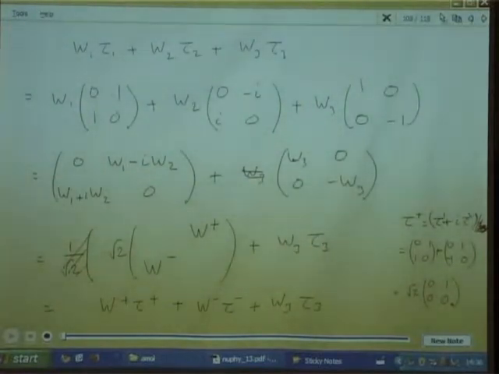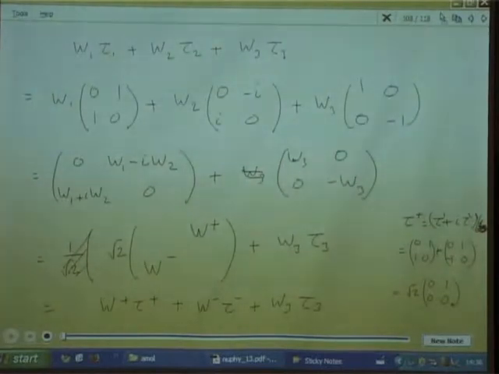I write it as W1 times tau 1, W2 tau 2, W3 times tau 3. So this gives me off-diagonal terms of W1 minus iW2 here, W1 plus iW2 here, and W3, minus W3 on the diagonal. This term is fine. This term is simply W3 times tau 3 as it was.